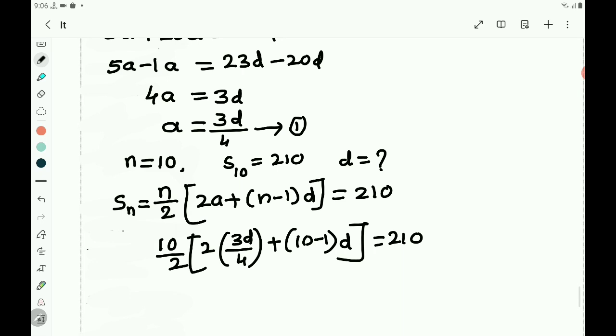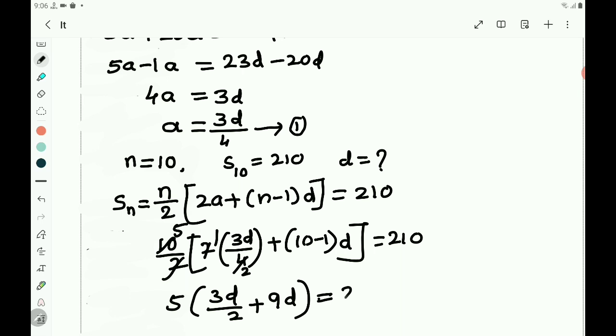Then 2 ones are 2, 2 fives are 5, into 2 threes are 6d, or you can cancel: 2 ones are 2, 2 twos are 4, 3d by 2 plus 9d equals 210.